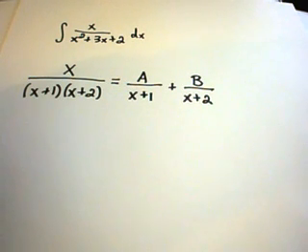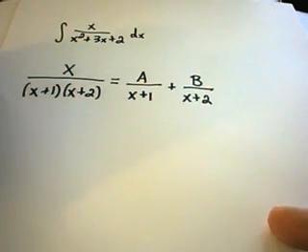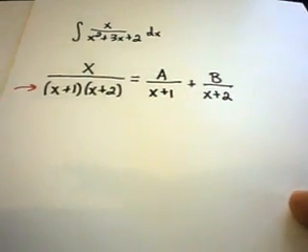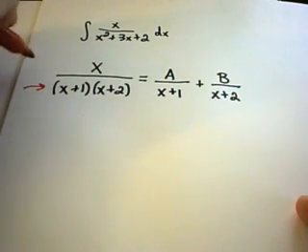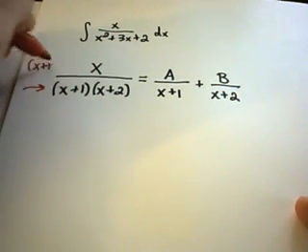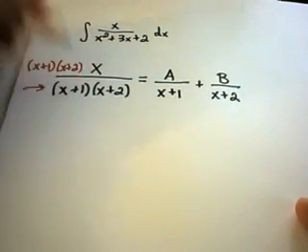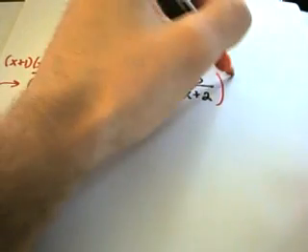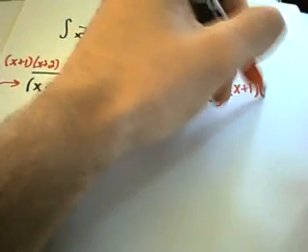So in this case, what you do is you basically now get rid of the denominators. I'm going to multiply both sides by x plus 2, x plus 1 in this case. Whatever the denominator of your original problem is, that's what you're going to multiply both sides by. So I'm going to multiply the left side by x plus 1 times x plus 2, and if I do it to the left side, I have to also do it to the right side.